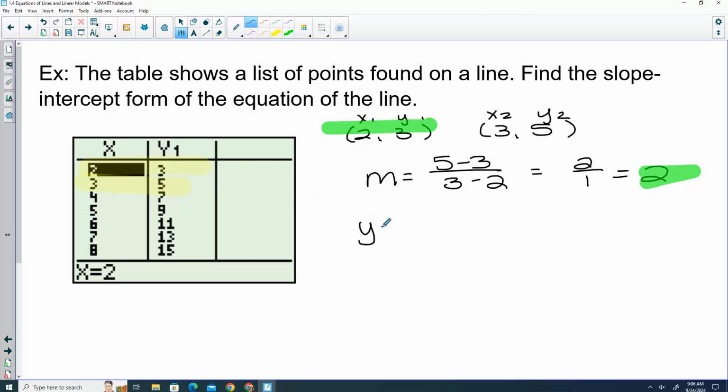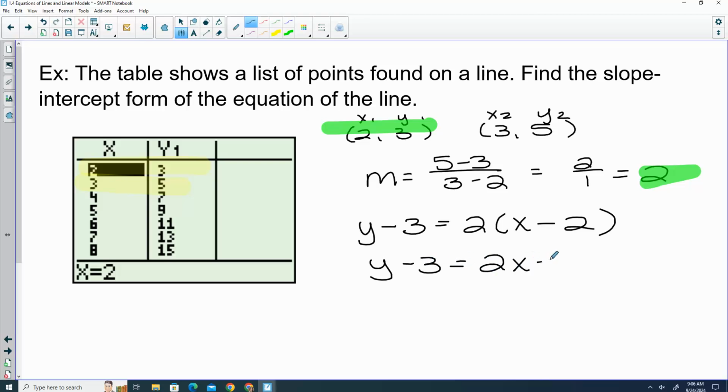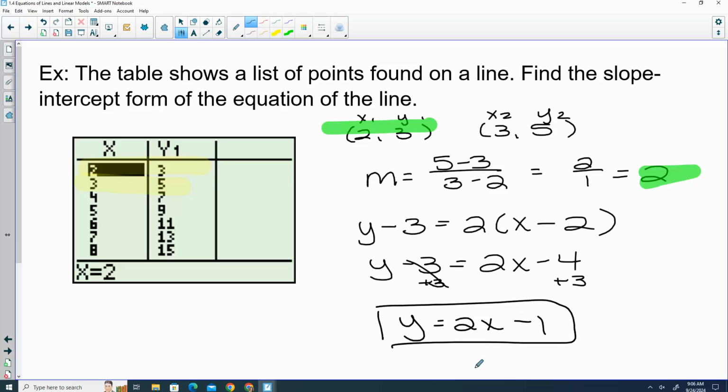So y minus y1 equals m times x minus x1. Distribute. If we add our 3 over, we get y equals 2x minus 1. I saw a couple people with a plus 1, so just make sure you're being careful of your signs.